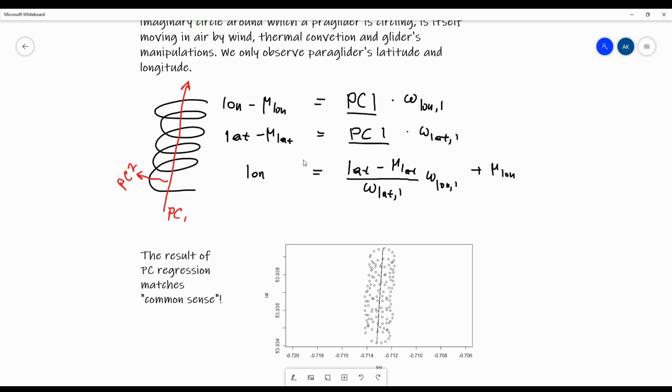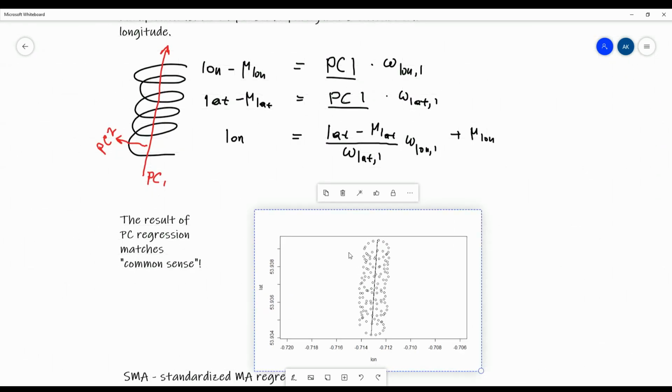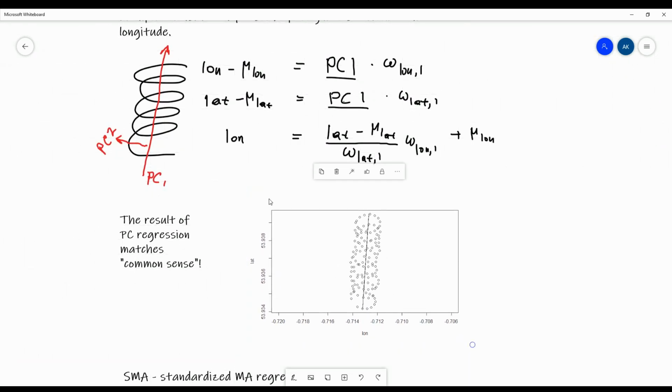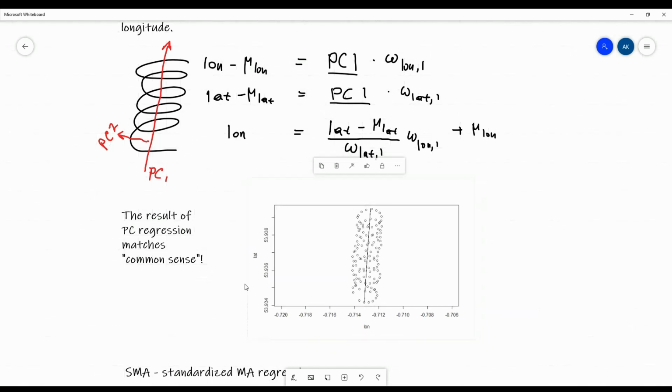We can obtain the PCA regression parameters through the equations which I gave you here, and we're going to look at Excel in a minute and see how exactly it's done. But this plot is actually the orthogonal regression, or major axis regression, applied to the latitude and longitude dataset which this person posted with the question.